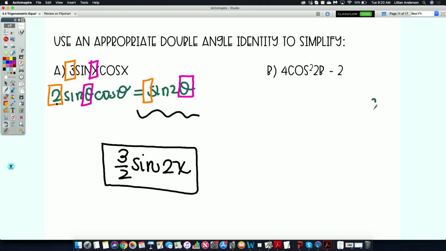Which one of the cosine 2 thetas? 2 cosine squared theta minus 1. Okay? So there's a big difference between what we're working with here. Yes, there's a variable difference. There's actually a couple of things. Let me hold off on my boxing, because I want to see if anybody notices something first before we go forward.